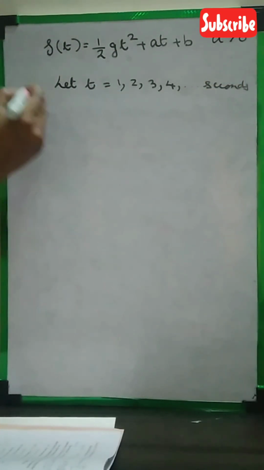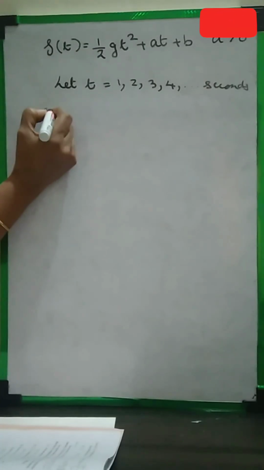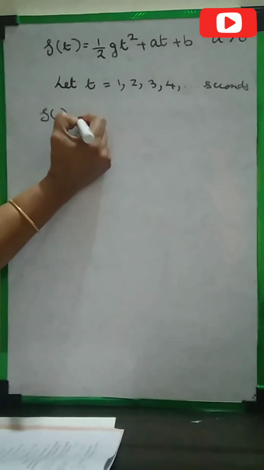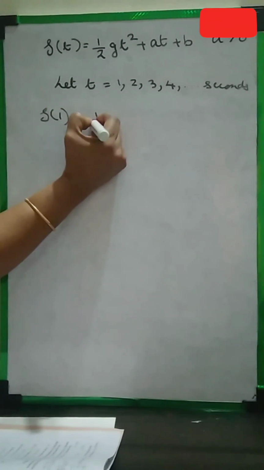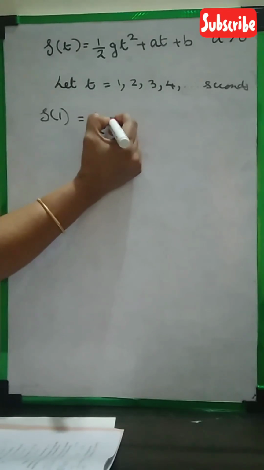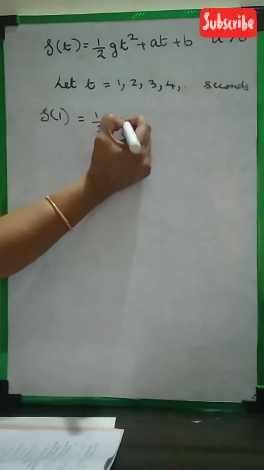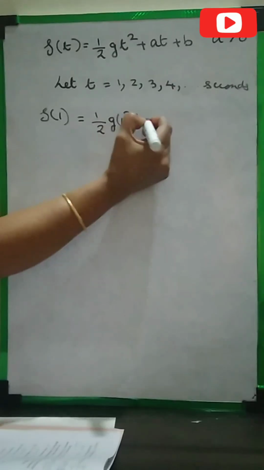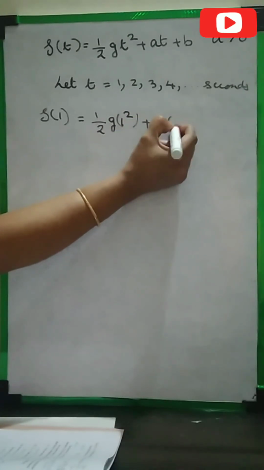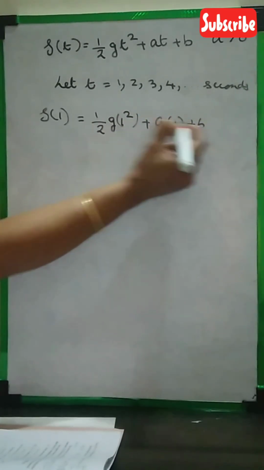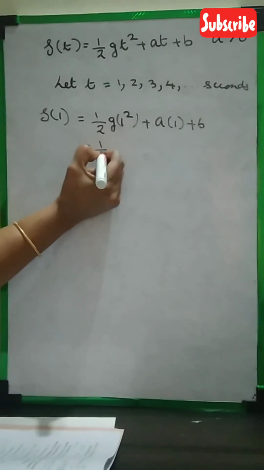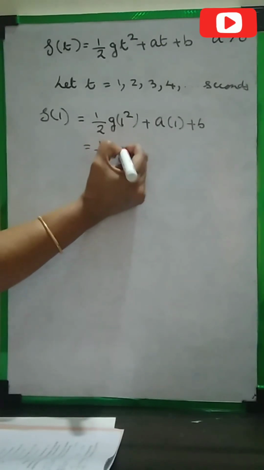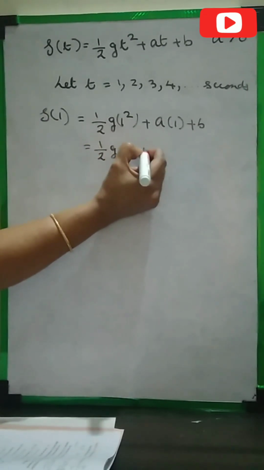So what is s of 1? First let us find s of 1. s of 1 is equal to 1 by 2 into g into 1 square plus a into 1 plus b, that is equal to 1 by 2 g plus a plus b.